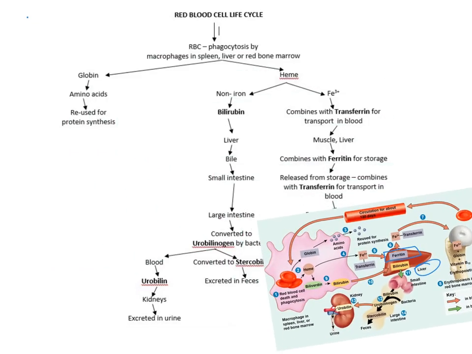Continuing to look at the flow chart now, we will see that the transport of the ferric ion combining with transferrin, going to the muscle and the liver, and then being stored is going to be number 5, and it is right there.